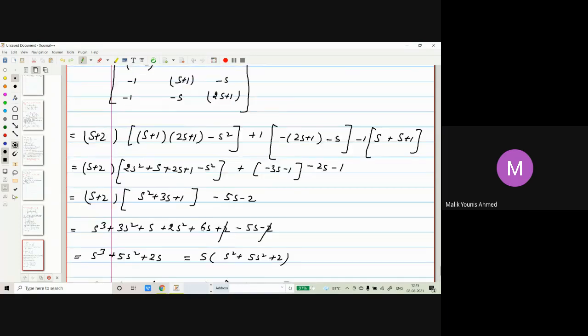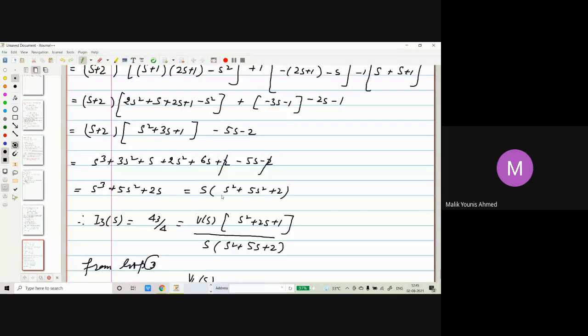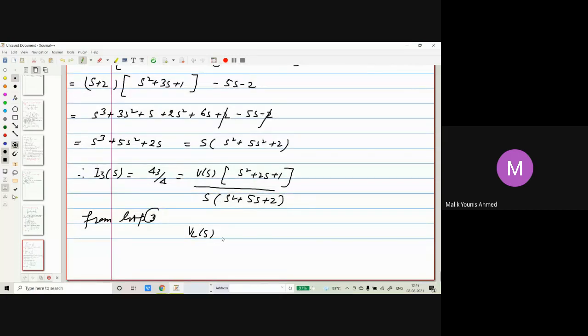You can see very clearly the voltage across the inductor is s into I3 of s. So I3 of s is s into V of s times s square plus 2s plus 1, divided by s into s square plus 5s plus 2. So s and s get cancelled.